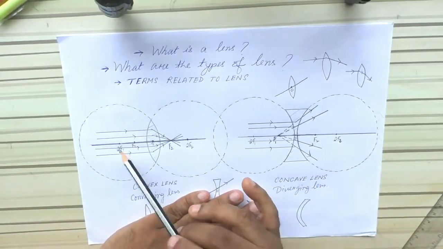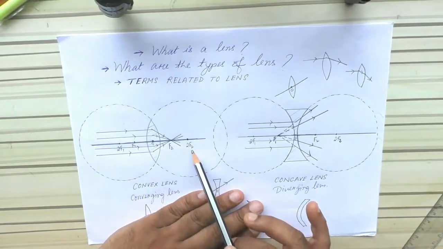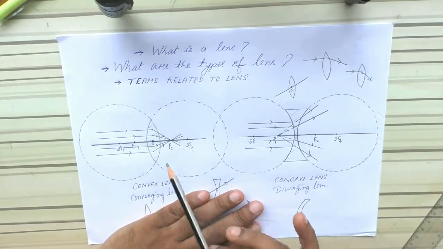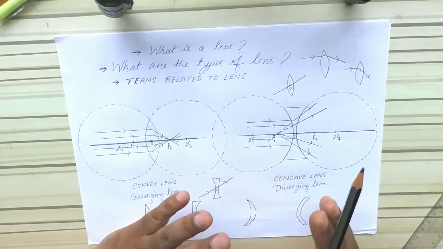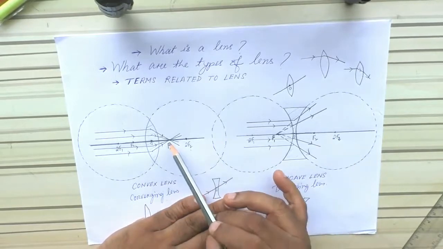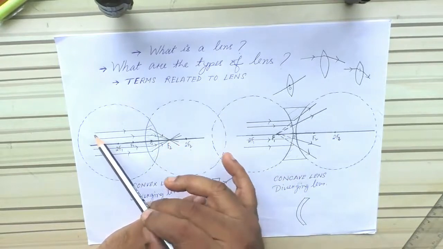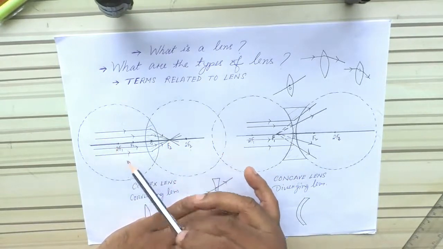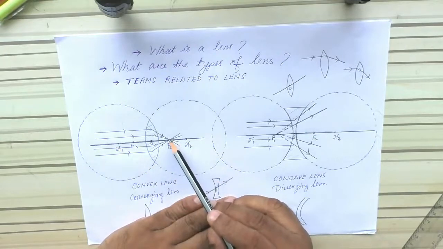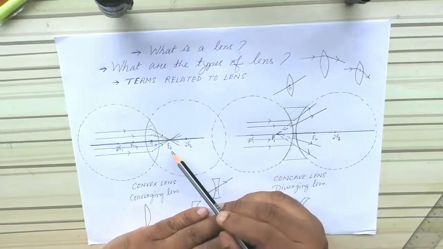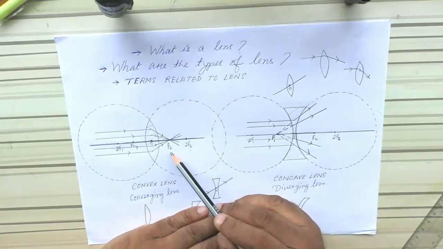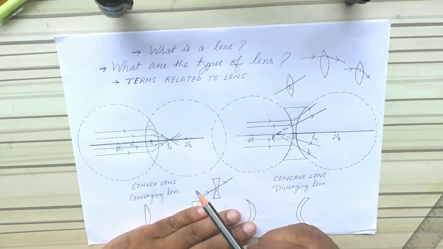If you look at this diagram, 2F1, 2F2 denote the center of curvature. Now radius of curvature. The radius of the sphere of which the lens surface is a part is called radius of curvature. Principal focus: in a convex lens, if we take light rays parallel to the principal axis, then after refraction the light rays always pass through this point on the principal axis. This point is called principal focus. The principal focus of a convex lens is real because light rays actually converge here after refraction.